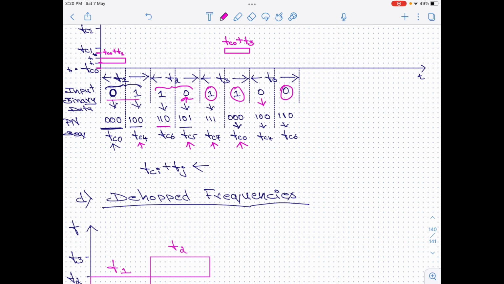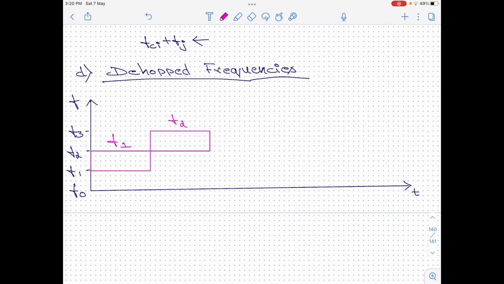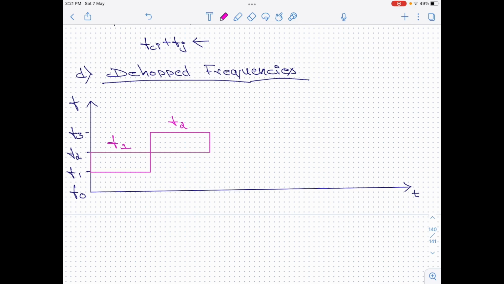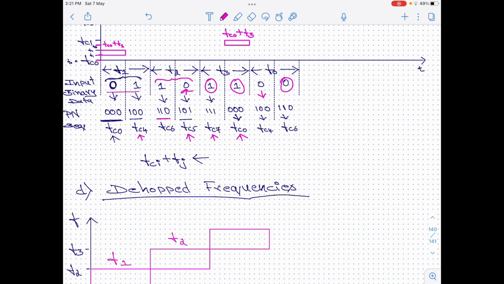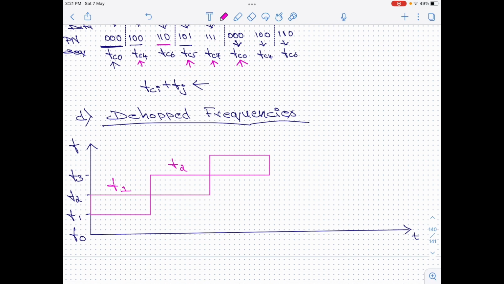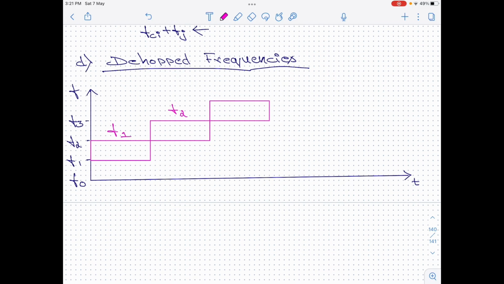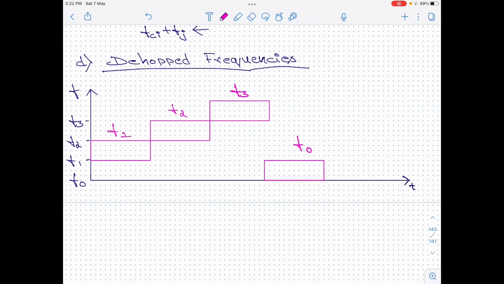The next 2 bits are 11. 11 stands for MFSK tone F3. So, I will now write a box across F3. Lastly, the last 2 bits are 00. 00 represents MFSK tone F0. So, I will write a box across F0. These are the de-hopped frequencies with respect to time, which is the solution for the part D of the question.